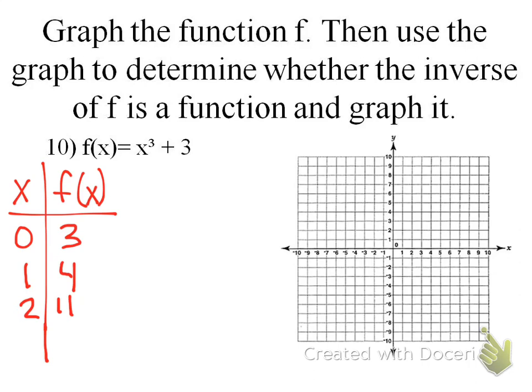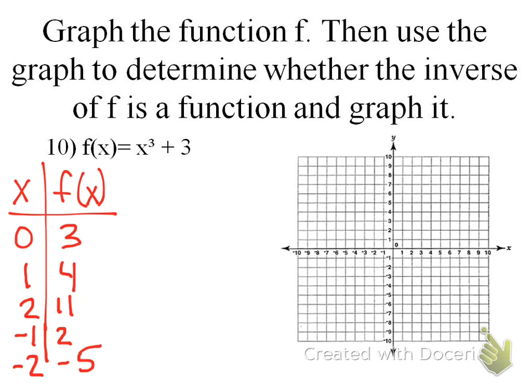Now this one you'll probably need more than 3 points because it's not linear. We know it's going to be a cubic, so it's that one that's kind of like a stretched out S shape. When you plug -1 in, you would get 2. And when you plug -2 in, that would be -8 plus 3, that would be -5.